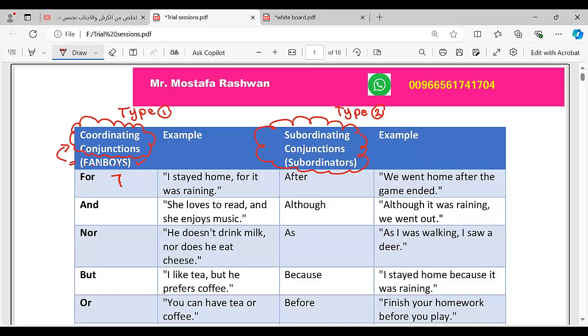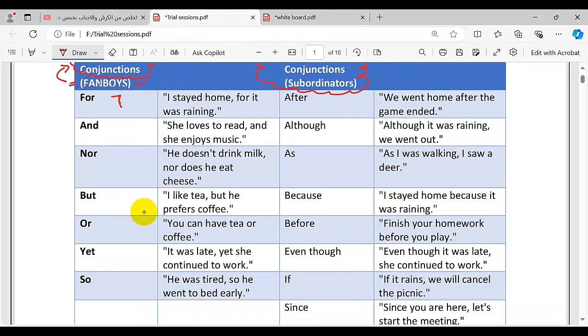Each letter stands for a conjunction. The F is for the word for. The A stands for and. The N stands for nor. The B stands for but. The O stands for or. The Y stands for yet, and the S stands for so. So we have 7 different conjunctions that we can use in our writing.